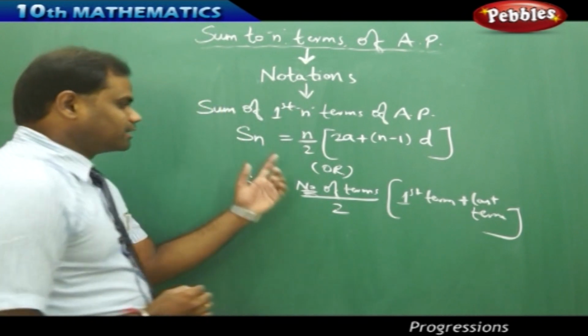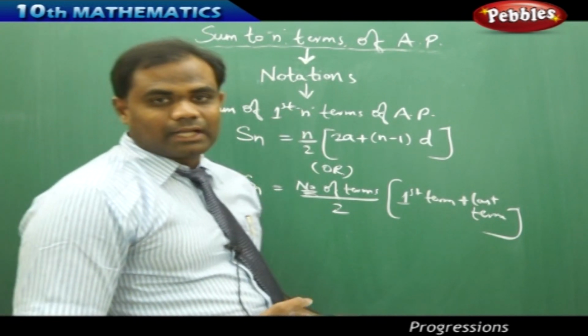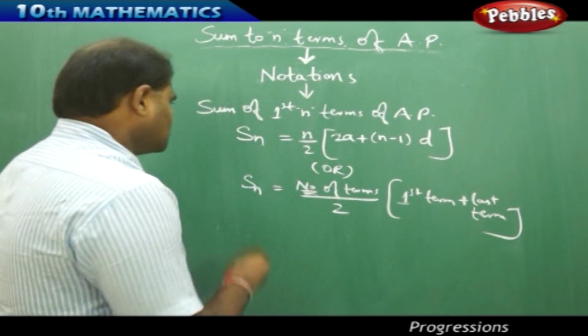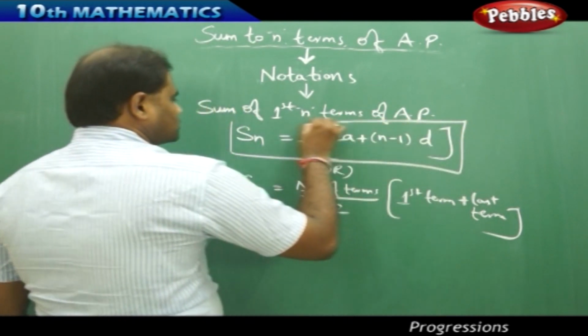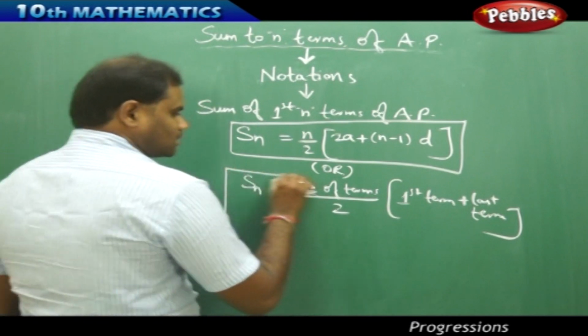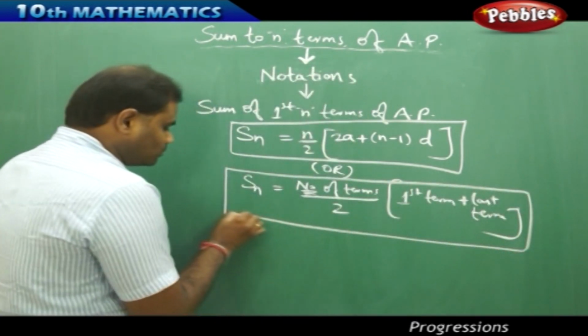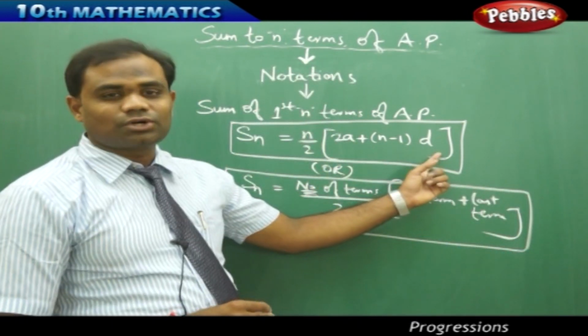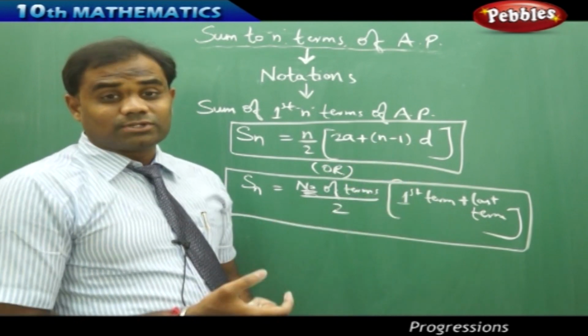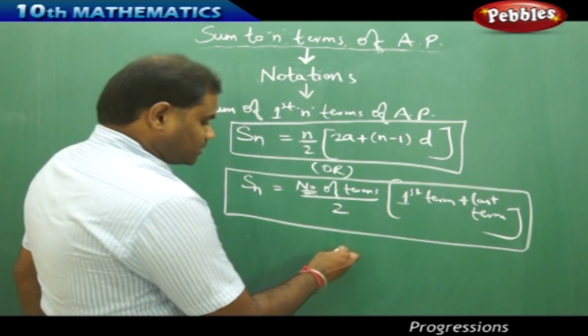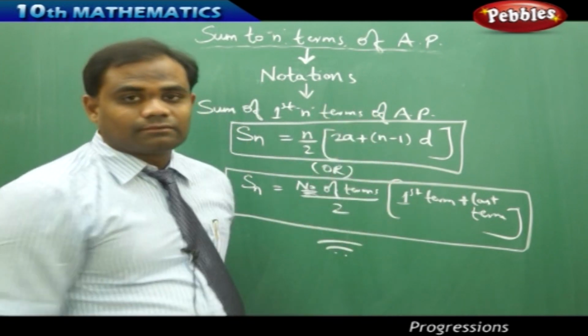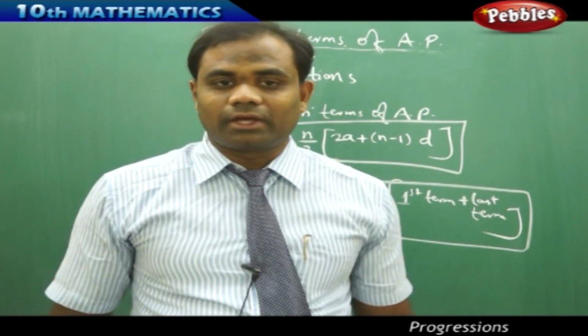So we can use either of them: if the last term is given, I use this formula, or if d is given, I use the other formula, where each of the notations is as follows. We know that a is the first term, d is the common difference, and n is the position or the number of terms of the given arithmetic progression. This is how we derive the sum to n terms of an AP.